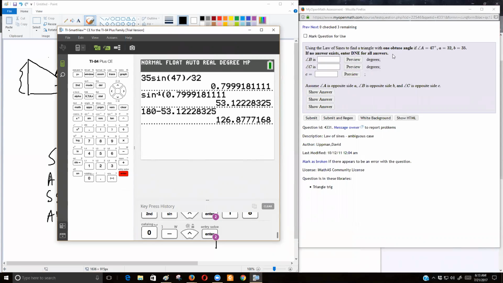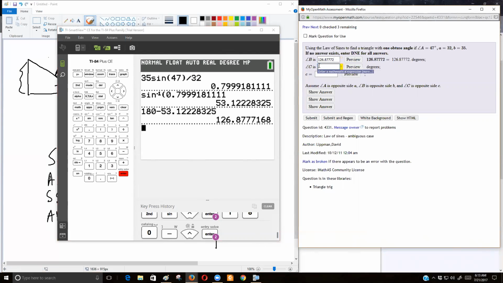This is the flag that tells me that angle B is going to be the obtuse angle. I mean, it could be angle C, but they're looking for the obtuse angle. So 126.877. I'll type in a few decimals to keep my math happy: 126.87772.